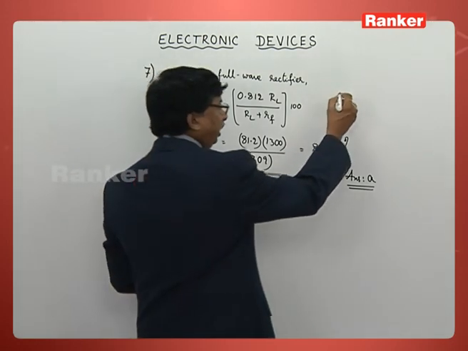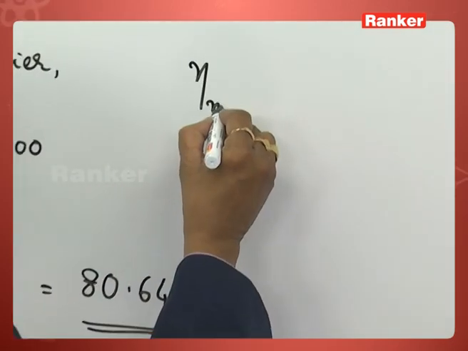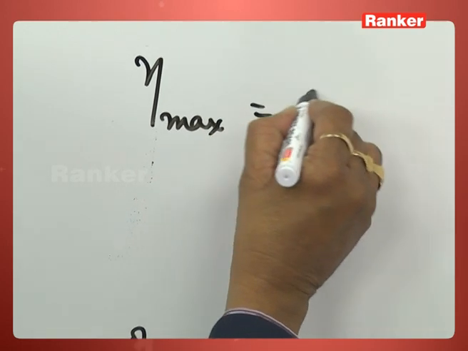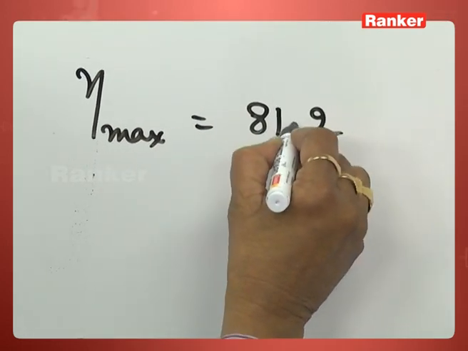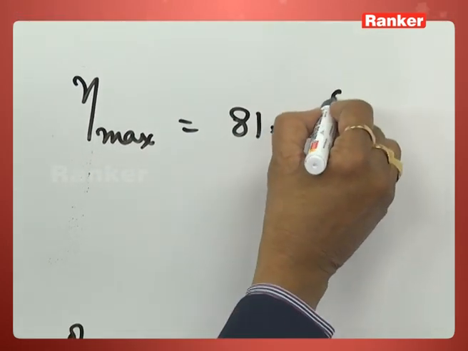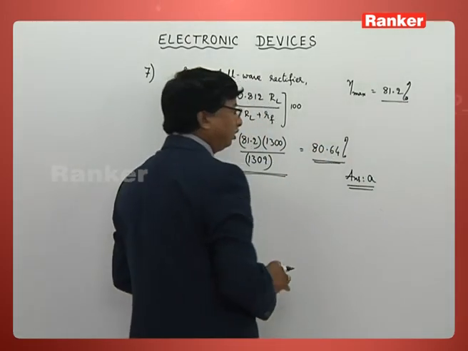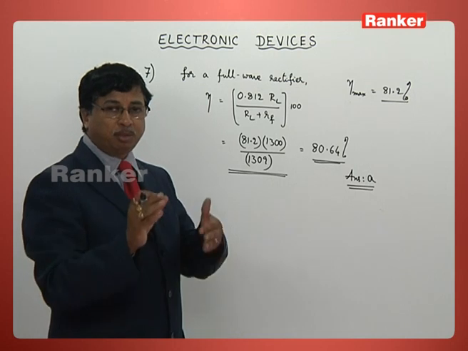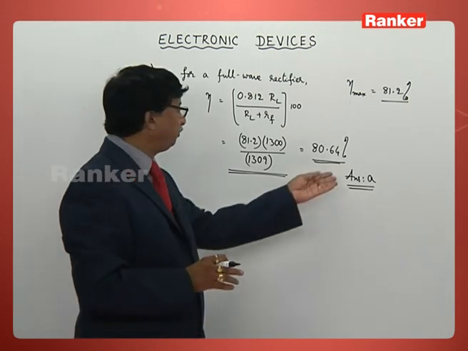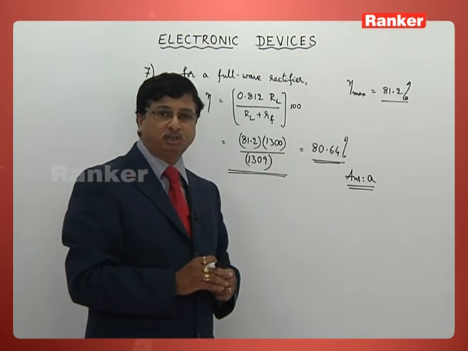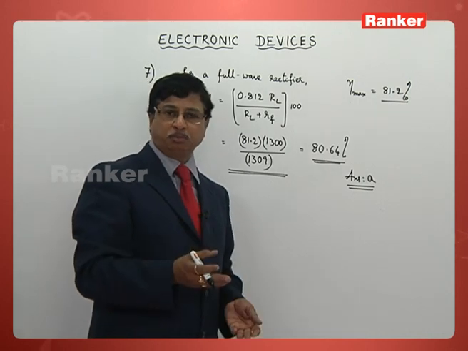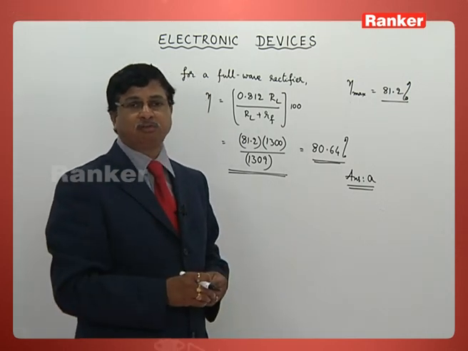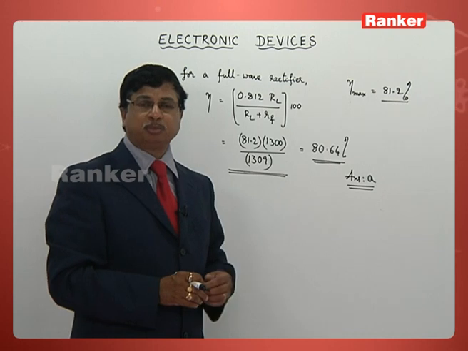So what will now be the maximum percentage of efficiency in the case of a full wave rectifier? 81.2%. It cannot be more than that. That is maximum. So your answer must be near around that value. So even if you remember that point, you can identify the answer very easily in this problem.